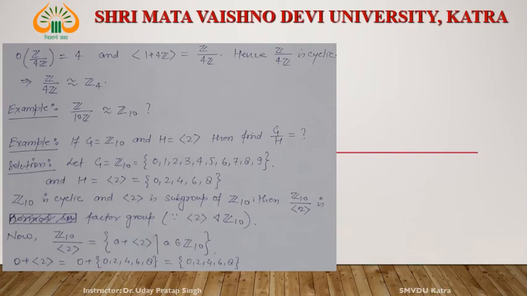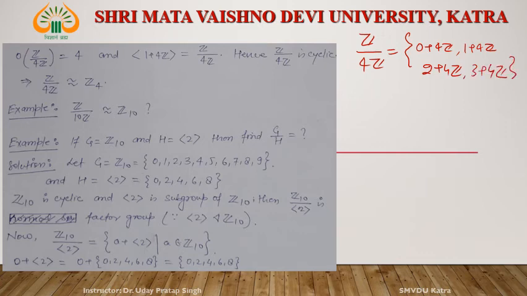Then Z by 4Z contains 4 elements: 0 plus 4Z, 1 plus 4Z, 2 plus 4Z and 3 plus 4Z, right? Then what is the order of Z by 4Z?